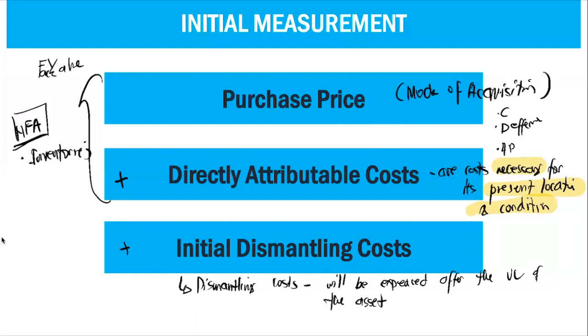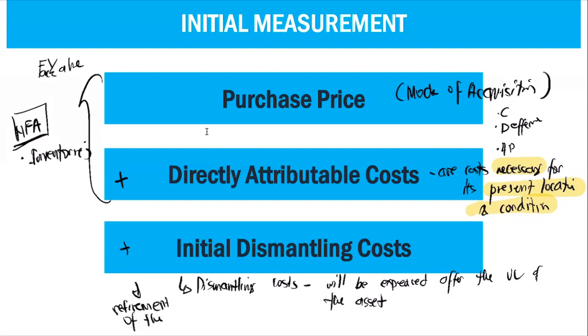Okay. So initial dismantling cost, saka lang natin talaga magagamit yung initial dismantling cost na yan pagka tapos na yung useful life of the asset. Because normally, it is only associated on the retirement of the asset.